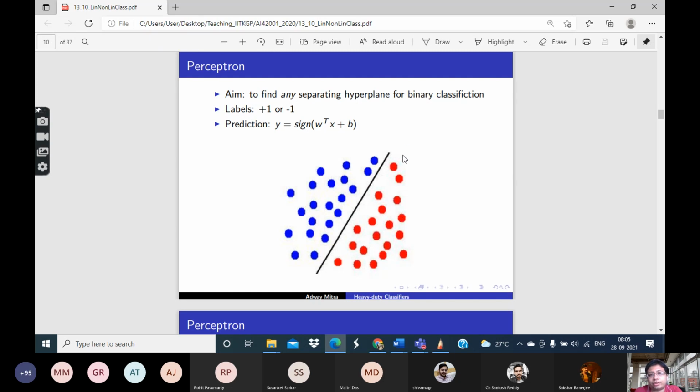Here, of course, it's a two-dimensional data set, and the linear structure in the 2D space is a line. So this line is the linear structure. But if we go to 3D, then this will become a plane. If we go to 4D or 5D, etc., it will become a hyperplane and so on.